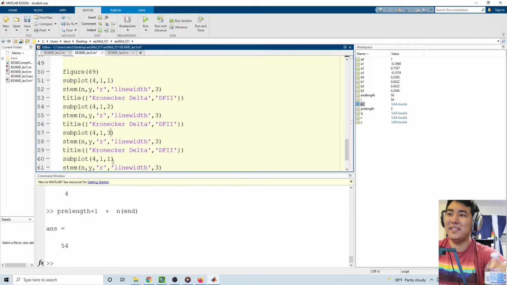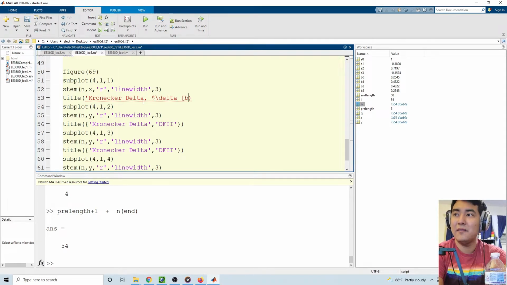This right here, the first thing should be the input X. And let's color it red, which is the Kronecker delta, delta of n.